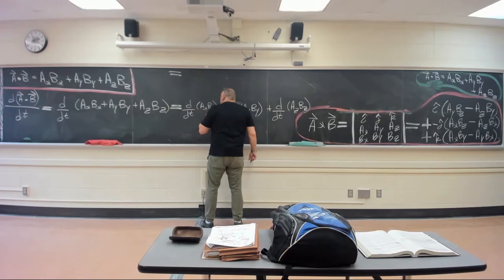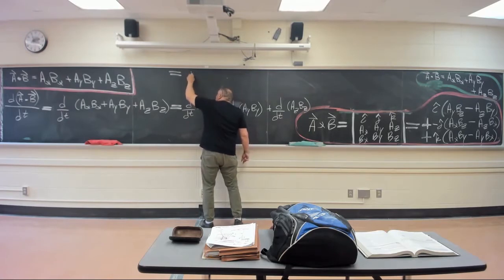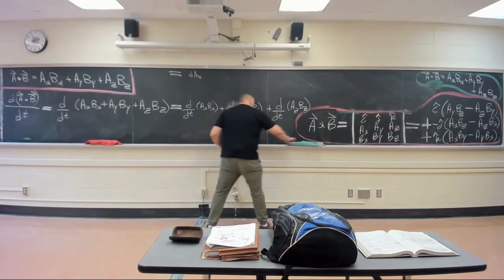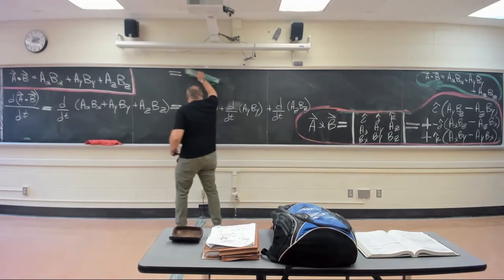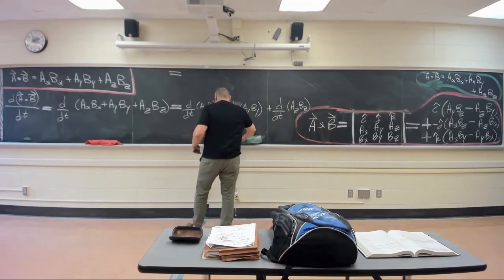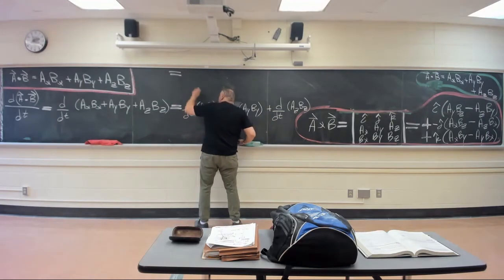The derivative of a product is given to us via the product rule. There's probably a number of ways we can do this. I'm already sort of arguing with myself how to go here.